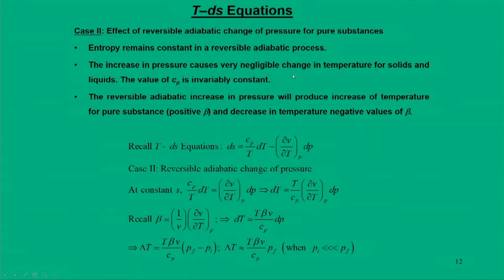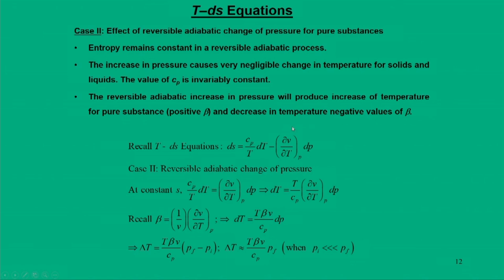The inference is that an increase in pressure will cause very negligible change in the temperature for solids and liquids, and Cp will be invariably constant. A reversible adiabatic change in pressure will produce an increase in temperature for a pure substance which has positive beta, and a decrease in temperature for negative values of beta.